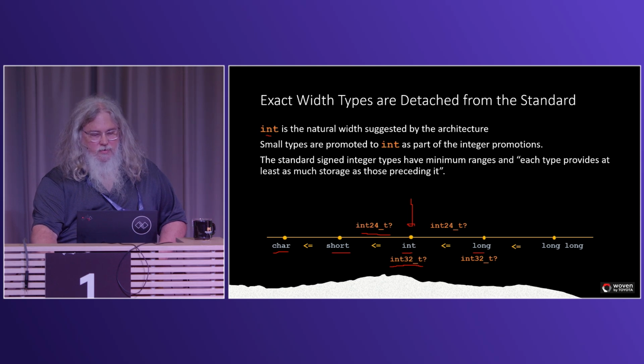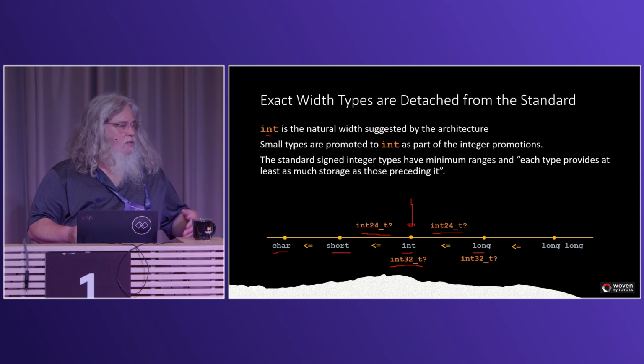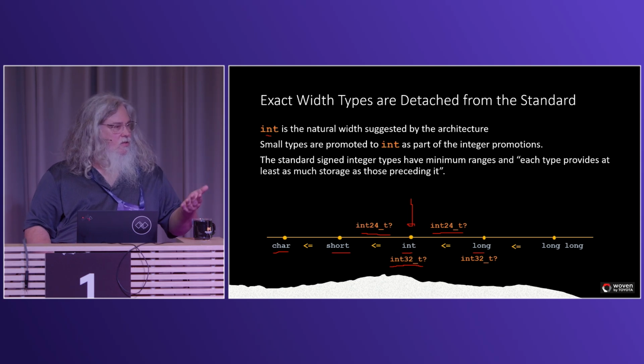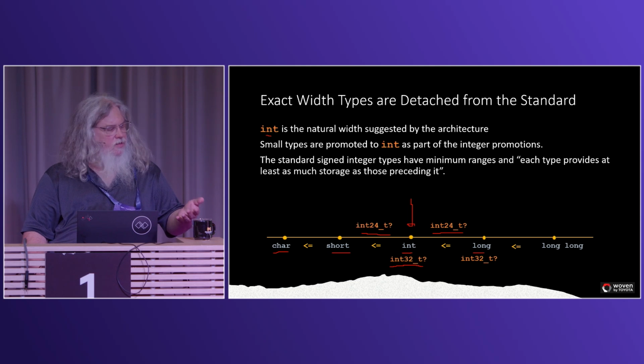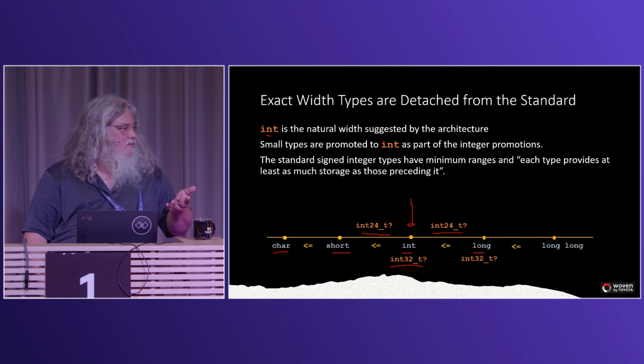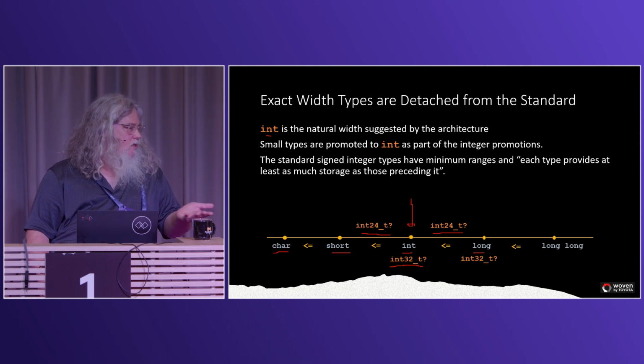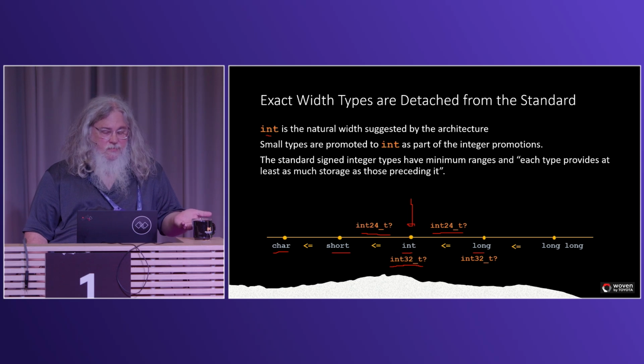So requiring use of these exact width types, and I'll just go a step further, right? If you're a normal C or C++ programmer and you look at some MISRA code, the first thing you think is, what is with all these exact width types? Because they're not used the way any normal C program would use them. It instantly looks very strange, and it's because it is strange.